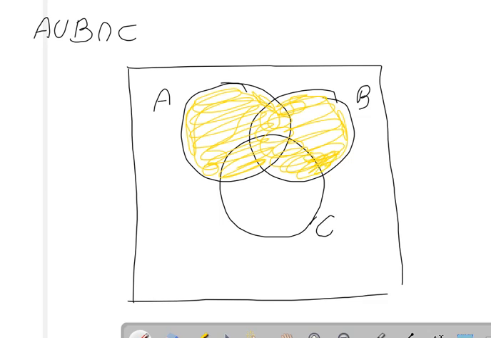Okay, and then the intersection of this region with C is this part.